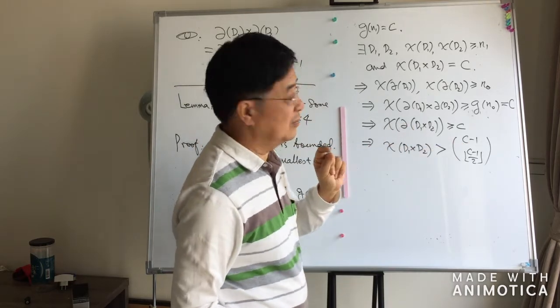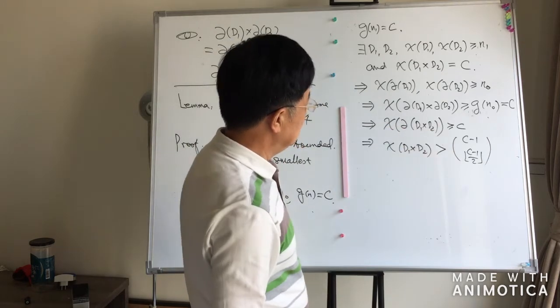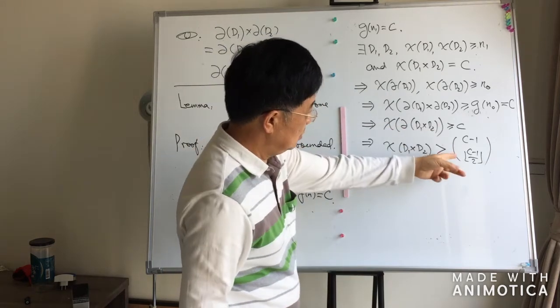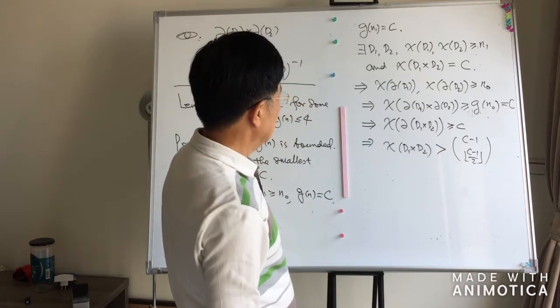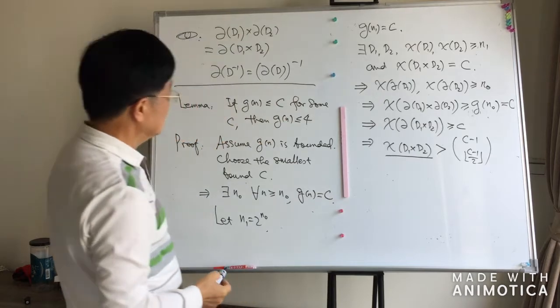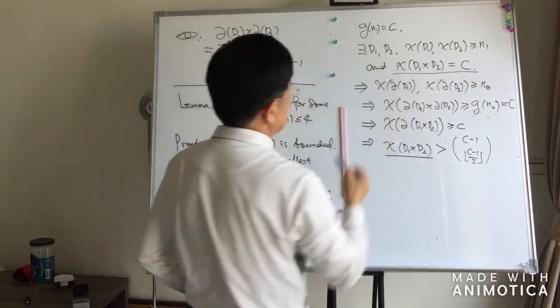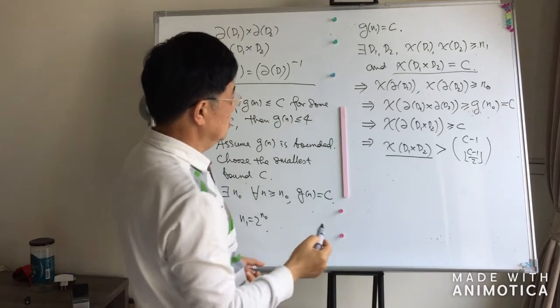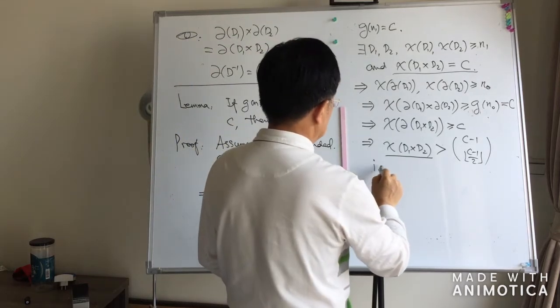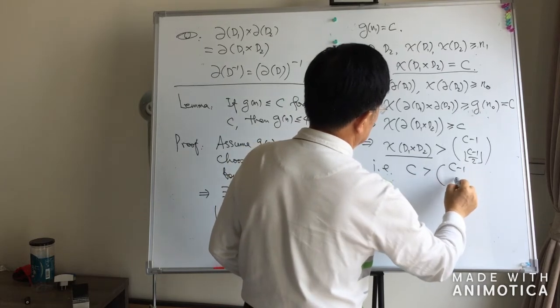Because this is at least C, this implies it is bigger than that. But we know the Cramér number is C. So that means C is greater than C minus 1 and a half.